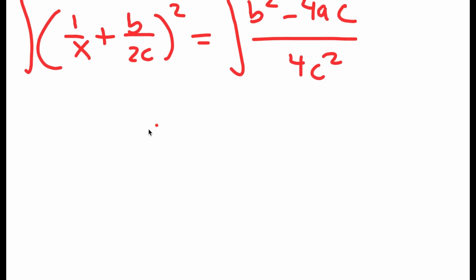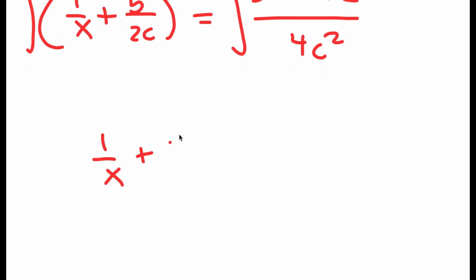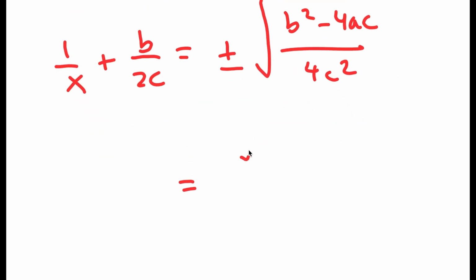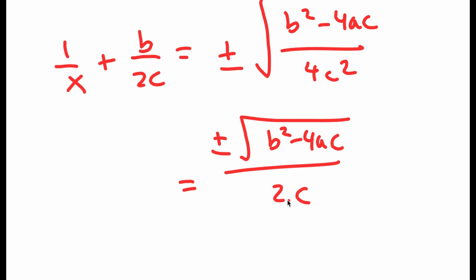So now I have 1 over x plus b over 2c is equal to positive or negative square root of b squared minus 4ac all over 4c squared. Well, this is the same thing on my right-hand side as positive or negative square root of b squared minus 4ac over 2c.